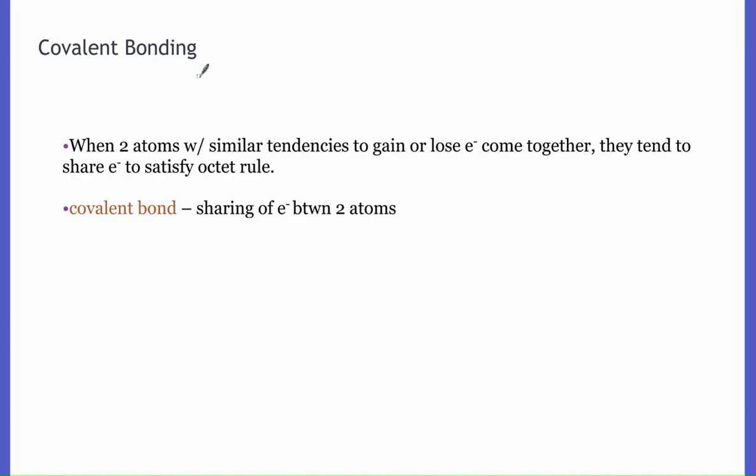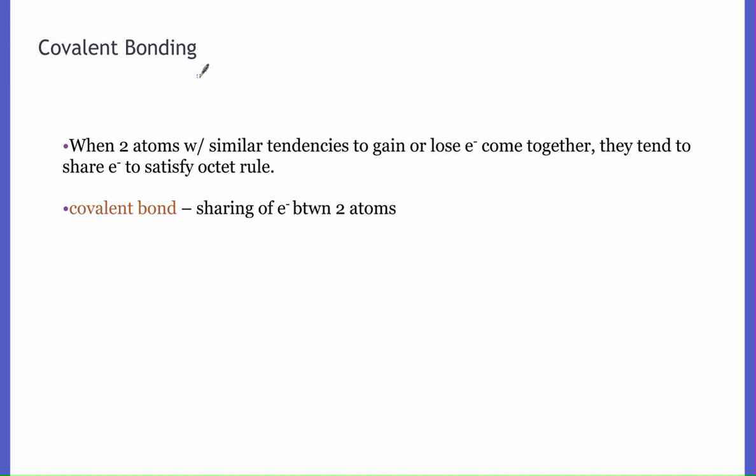Otherwise, we're shifting here to covalent bonding. So when you have two atoms with similar tendencies to gain or lose electrons that come together, you're going to satisfy that octet rule by sharing those electrons instead of stealing, right?